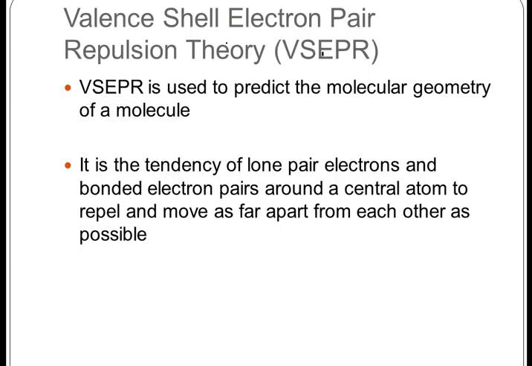Okay, so remember, electrons are all negative, and we don't like each other, so we want to get as far apart away from each other as possible. And so that's what governs a molecule's orientation, is that they try to situate themselves to where those electrons are as far apart as possible. Okay? And so this is very important to understand what that VSEPR theory means.